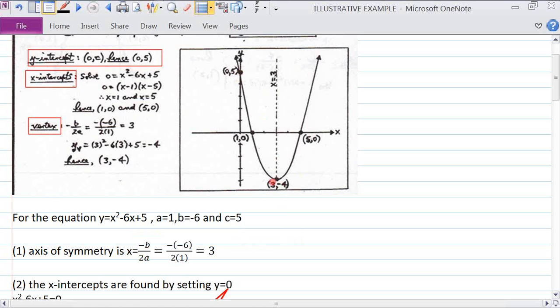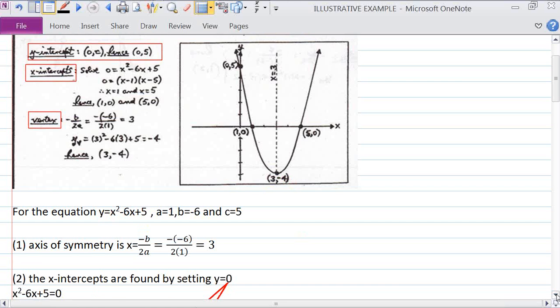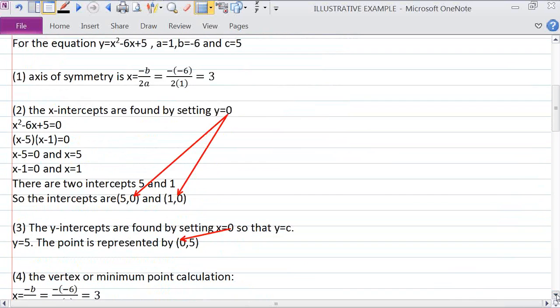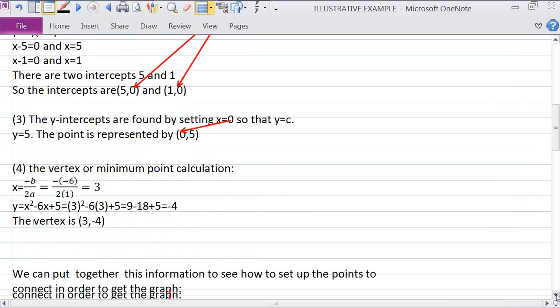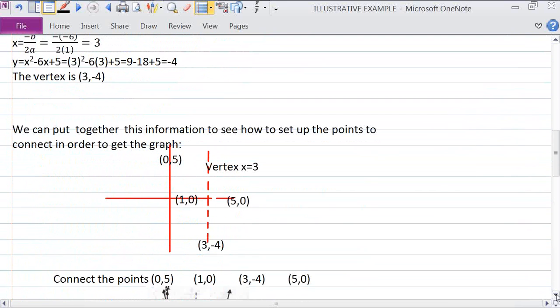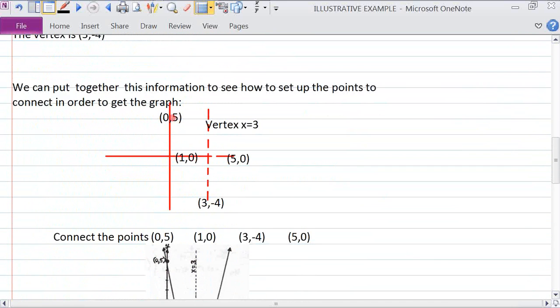And then we get the vertex from calculating the axis of symmetry, plugging this x value back into this equation, and we find that the corresponding value of y was minus 4. Now, there is one little interesting thing here. You can see here what happens.